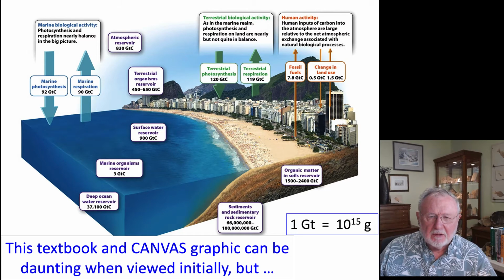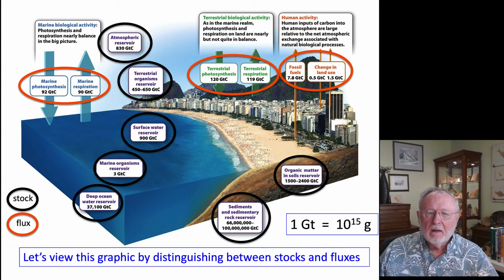Your textbook and the Canvas graphic show this very daunting figure. I want to point out that a gigaton of carbon is equal to 10 to the 15th grams. While this graphic might be daunting, we can break it into some simple components. I've circled 2 colors, the red for fluxes and the black for stocks.